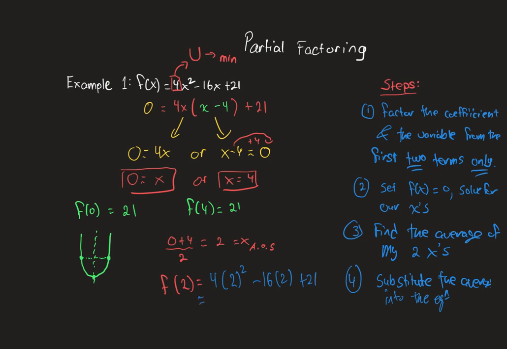And if I solve this out, well, 2 squared is 4 times 4 is 16 minus 16 times 2, which is 32. So this is going to give me 5. So therefore, my minimum is 5 in this case.